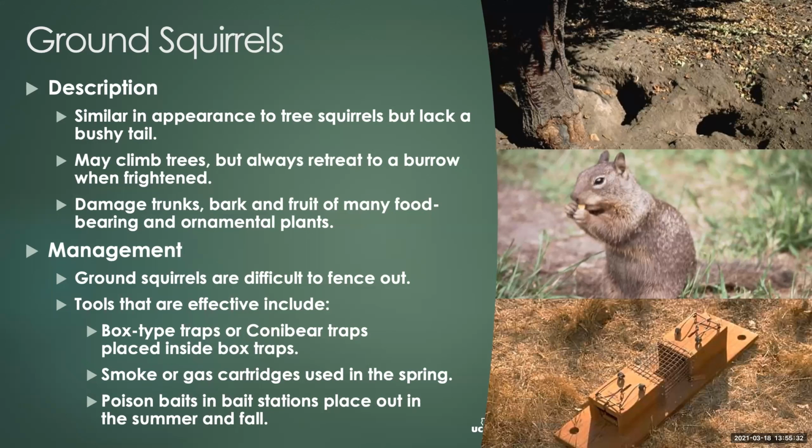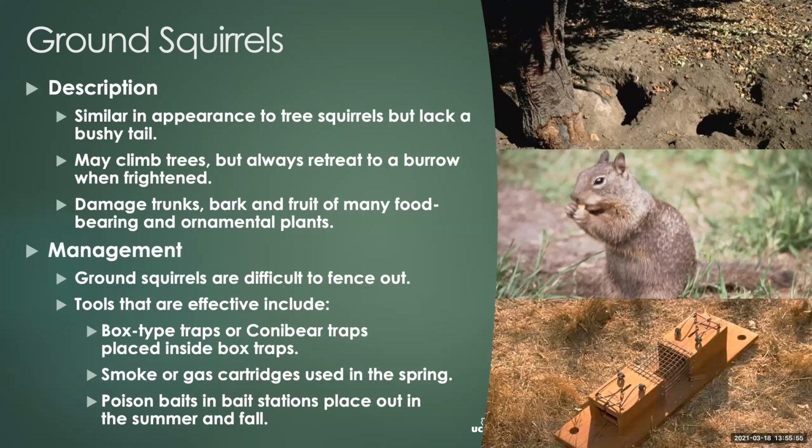But they can cause damage to our trees and our landscape. You can see the upper picture are really big holes next to some trees. And so those can be tripping hazards or unsightly. They can chew on irrigation lines, eating fruits and nuts from our trees, and various kinds of damage.